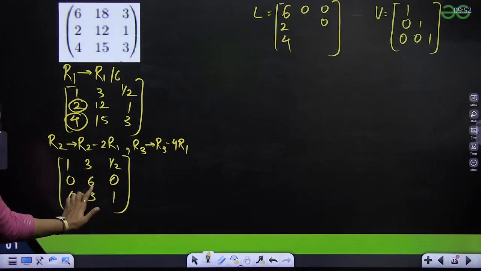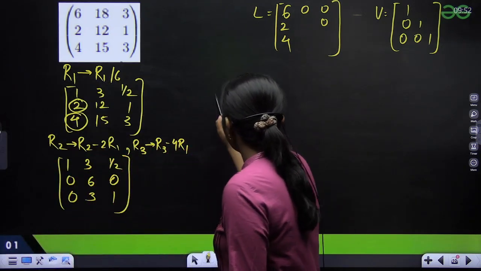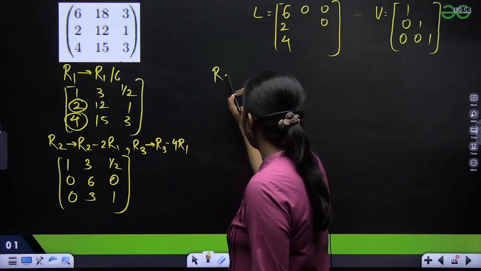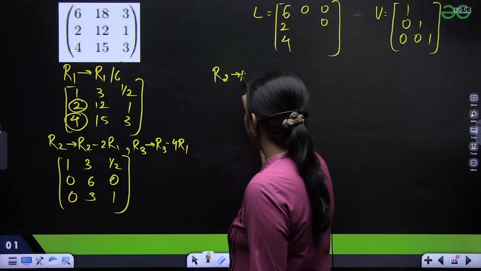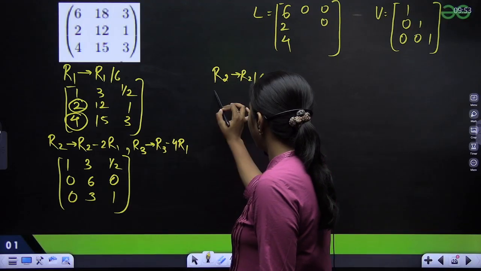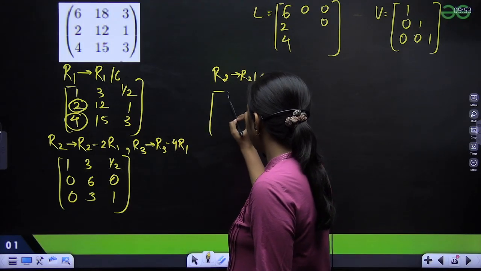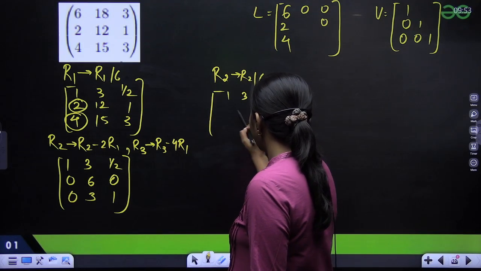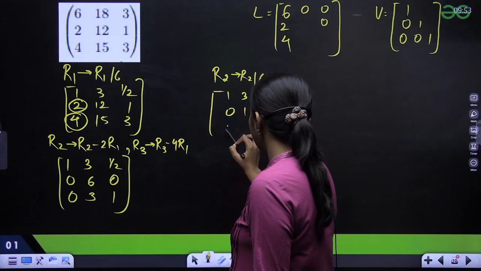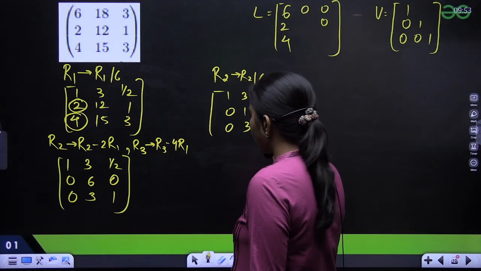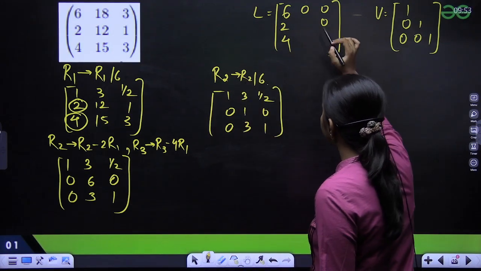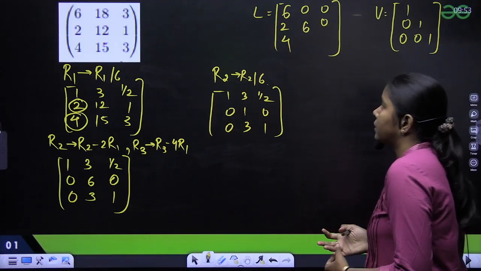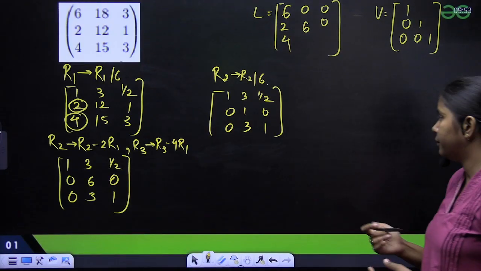Now I have to make this 6 entry 1, right? So what would be my next operation? The next operation would be R2 goes to R2 by 6. What would I get? 1, 3, 1 by 2, 0, 1, 0, 0, 3, 1. Now because I have divided by 6, I'll multiply here by 6, right?